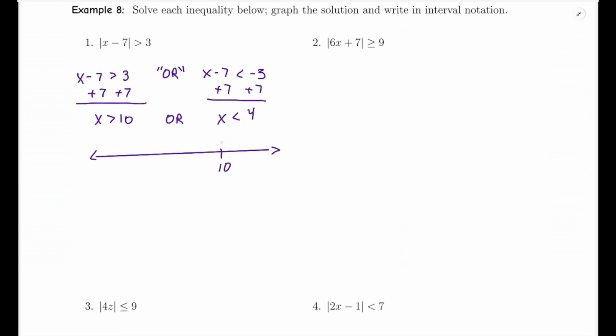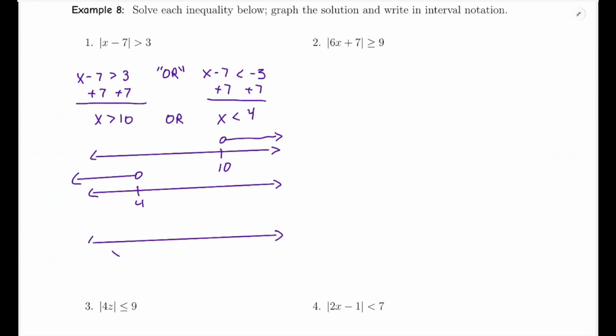Greater than 10. Less than 4. And then smush them together because it's or. So there's the graphical solution. Then an interval solution would be -infinity to 4, parentheses, union, parentheses, 10 to infinity.